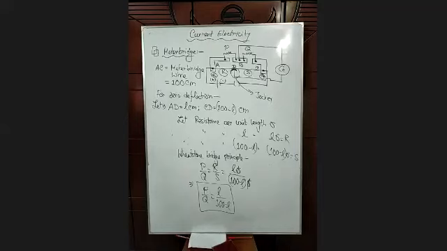Okay, so here the math comes. In a meter bridge, on the first arm, 10 ohm, and on the second arm, an unknown resistance is placed.